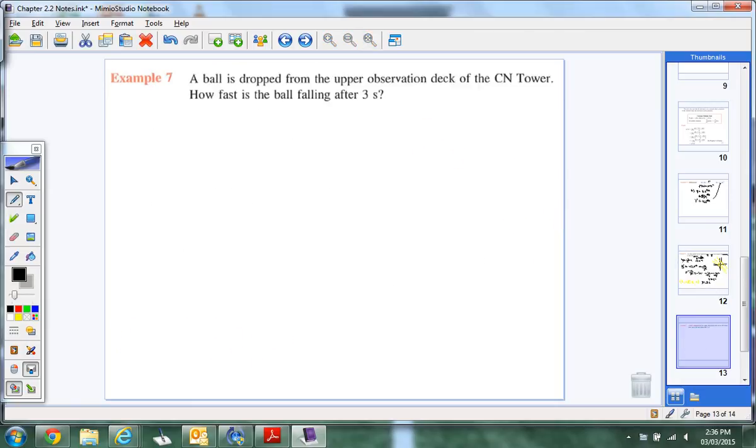All right, a ball is dropped from the upper observation deck of the CN Tower. How fast is the ball falling after 3 seconds? This is where we can start using our stuff more applied. Okay, so I didn't put the formula in there, but our function for the ball falling is s equals 4.9 t squared.